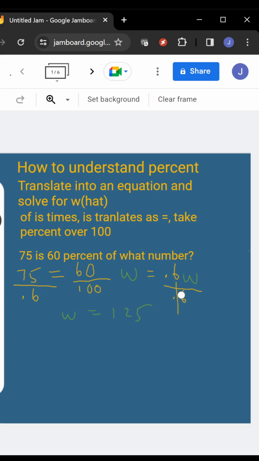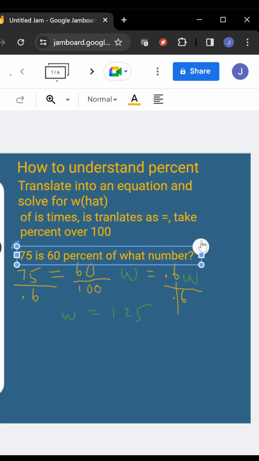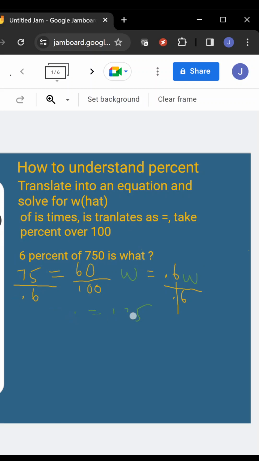So I'm going to erase this one, and I'm going to do one that's a slight variation on it. This new one is 6% of 750 is what? I'm going to do all three types.